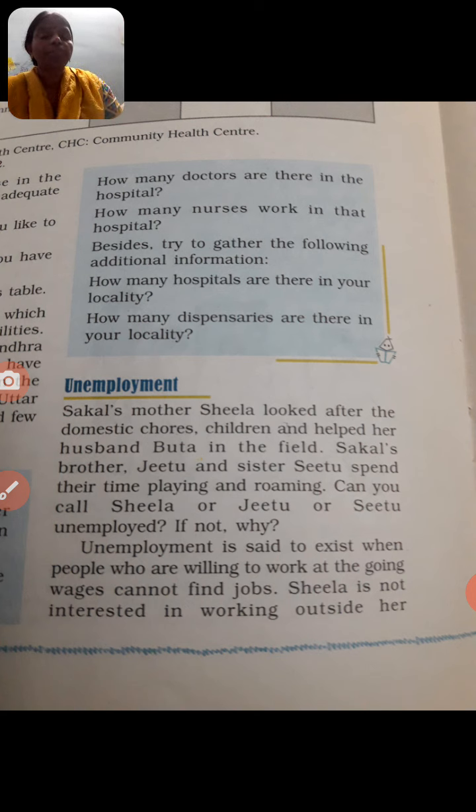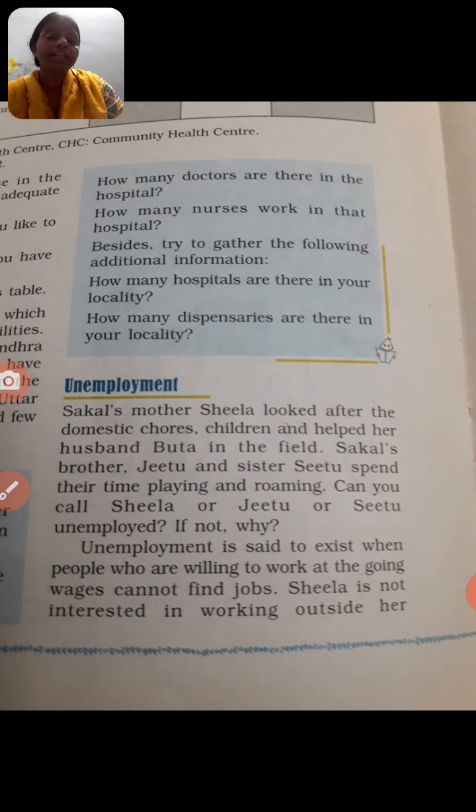Now today's topic is unemployment. We have seen that people in the age of 15 to 59 years are engaged in various activities, and the activities that people do for their living are called economic activities.